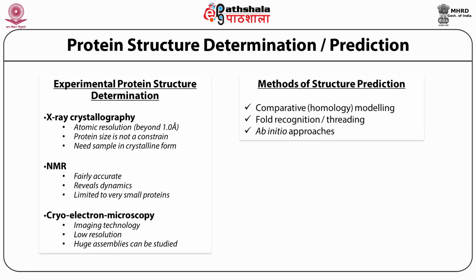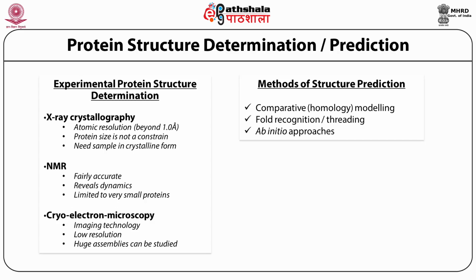Presently, three approaches are followed for the prediction of the tertiary structure of proteins. The first one is homology modeling, which assumes similar sequences tend to fold into similar structures and uses previously solved structures as templates to build the model of a given sequence.